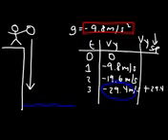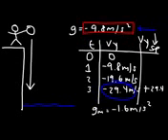And so hopefully this number makes more sense. So the gravitational acceleration tells you how fast the vertical velocity is changing every second. So on the moon, where g is negative 1.6, if you were to drop a ball, the vertical velocity will decrease by 1.6 meters per second every second.